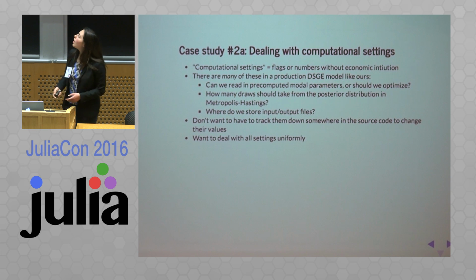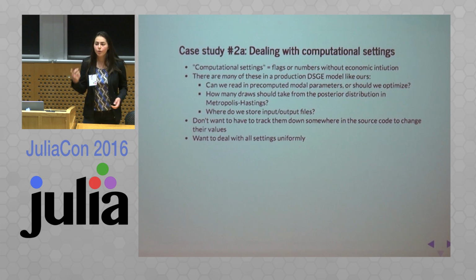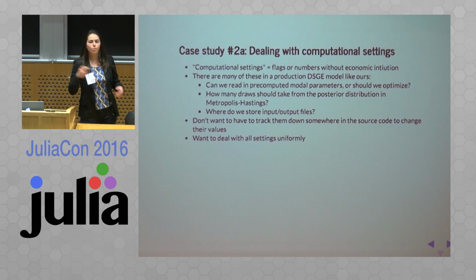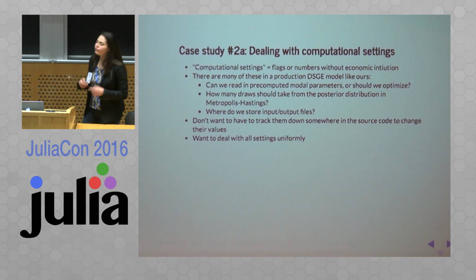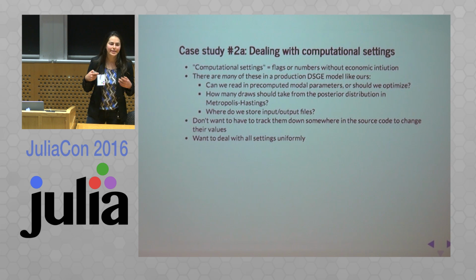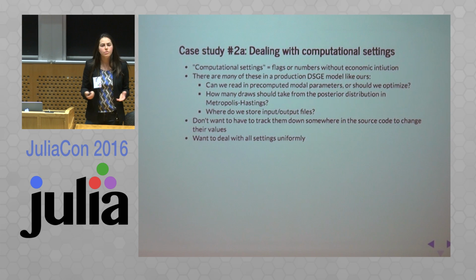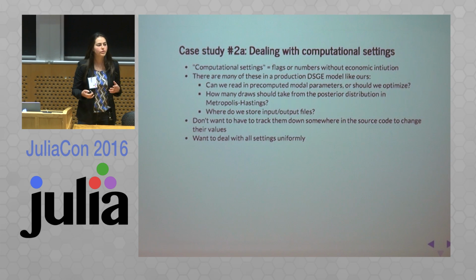So for example, can I read in a pre-optimized parameter mode, or do I have to actually estimate the whole thing, which will take me a bunch of time? How many times do I want to go through that loop in Metropolis-Hastings? I can change that. What vintage of data do I want to use? These are all kinds of settings that we could have all over the place, and we'd really like to organize them, keep them in one place, and be able to deal with them all in a similar way.